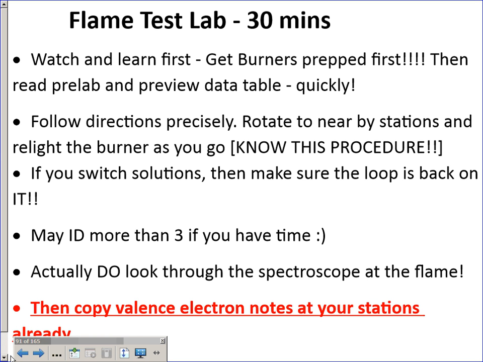Anyway, turn this on. Anything fall because of the fact that there's a light. What is this called?